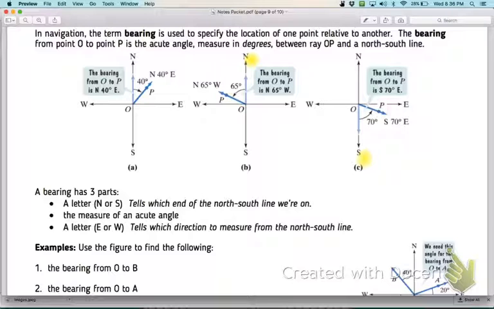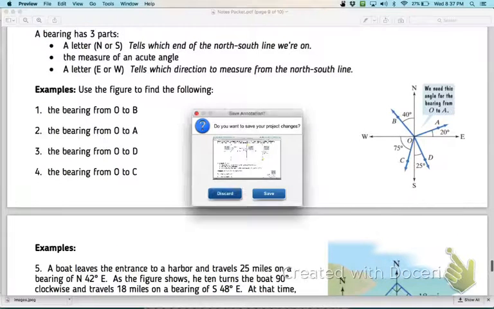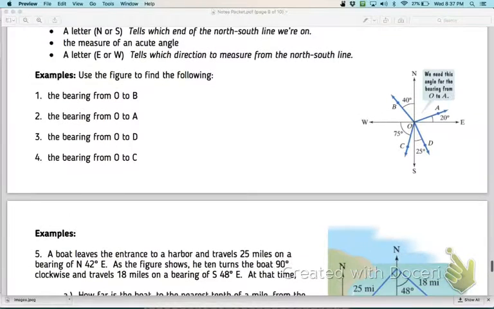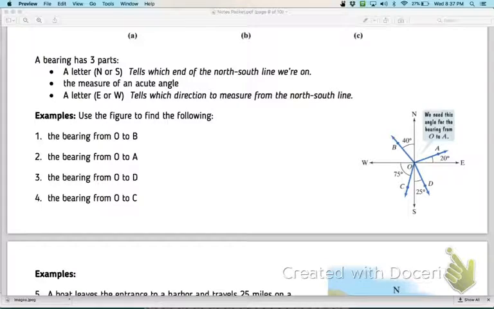So let's look at these examples right here. We want to use this diagram over here to the right to figure out the bearing of each of these points. So from O to B, we want to identify first the ray that goes from O to B. Notice that arrow is pointing up, so that tells us that we're going to be on the north end.